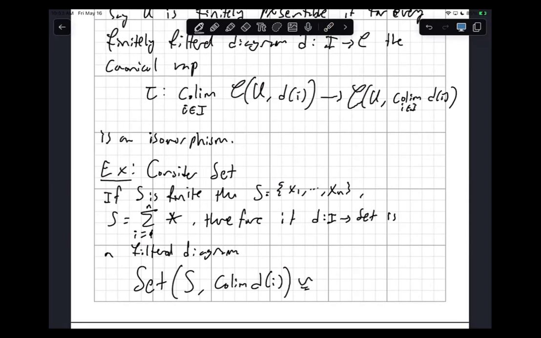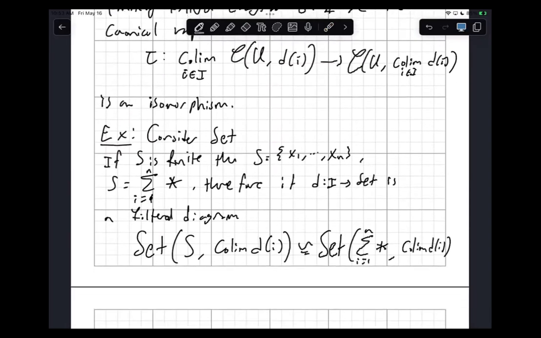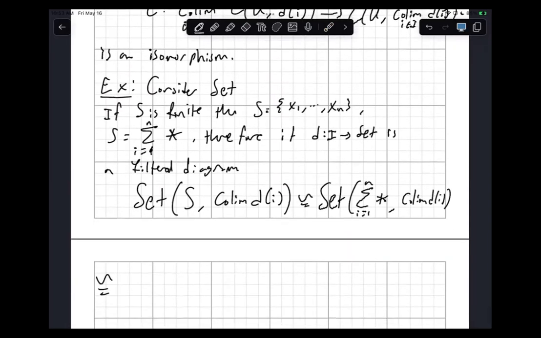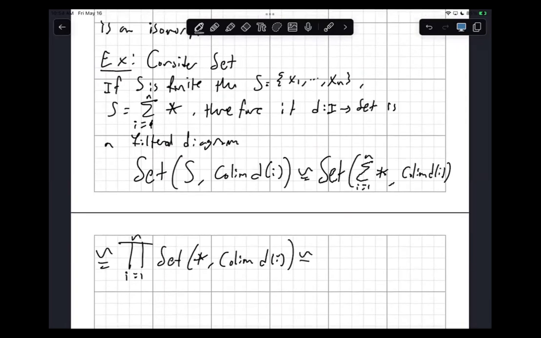That's the same thing as Hom of the sum, i equals 1 to n, of this colimit, which is the same thing as just a product. But the set of functions from a point into a set is isomorphic to that set. So this is just the product of colimits of D.